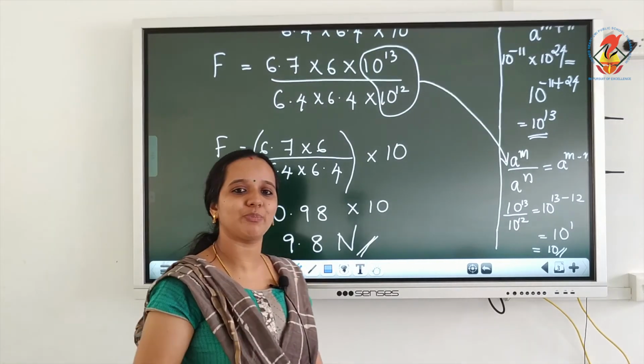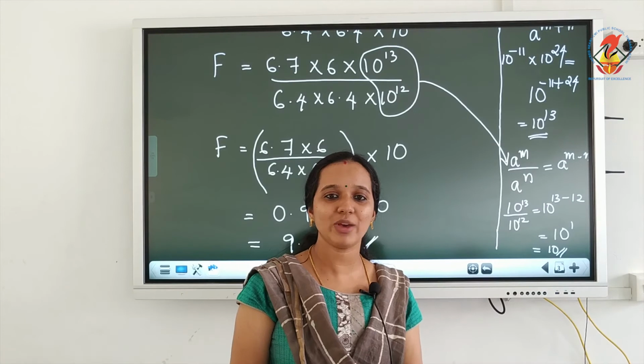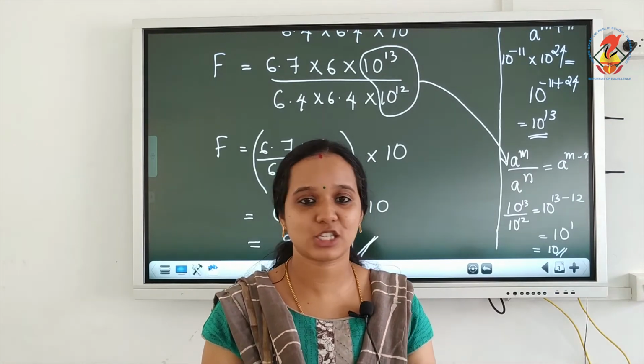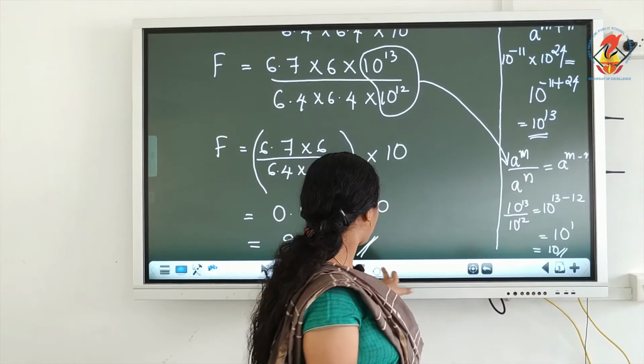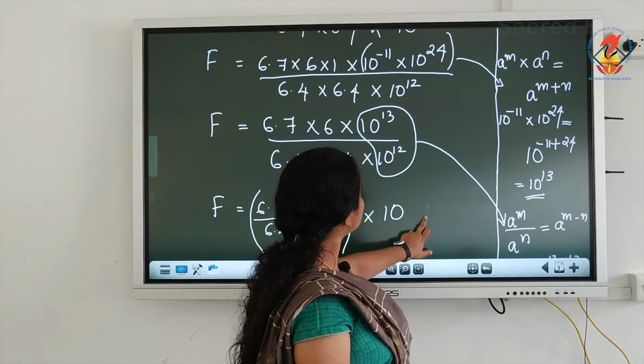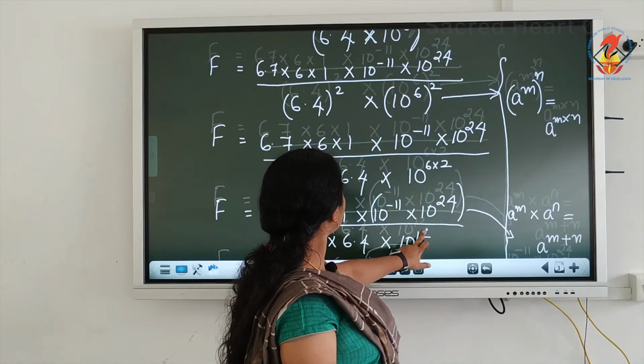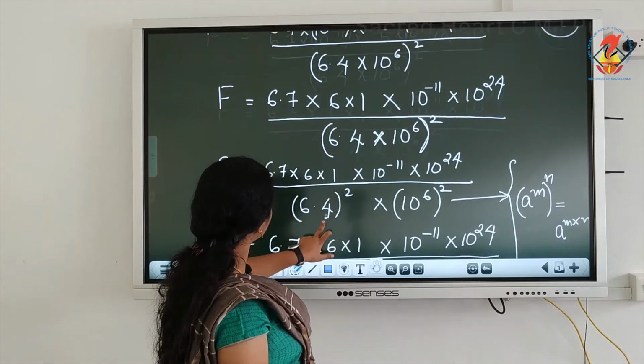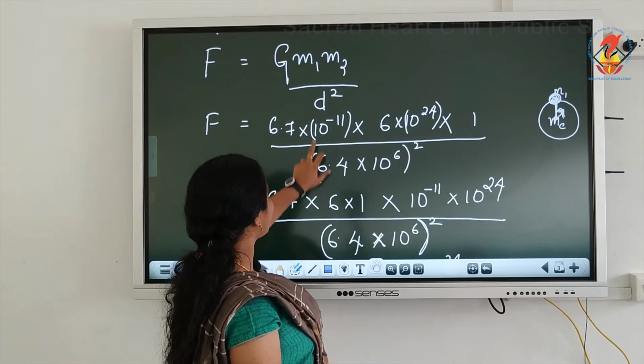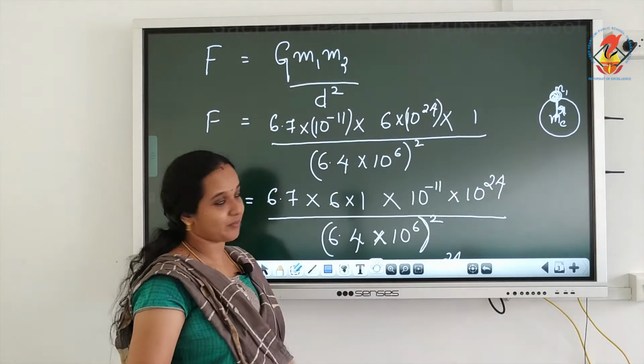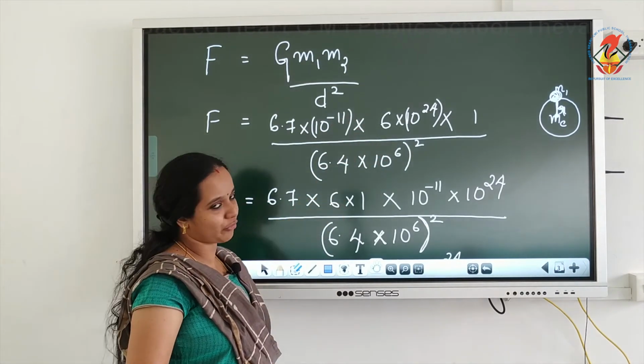So in order to do the problem, you have to be thorough with the law of exponents. The 3 laws of exponents. The main formula to do the problem is F is equal to G m1 m2 by d square. Substitute the values in the formula.